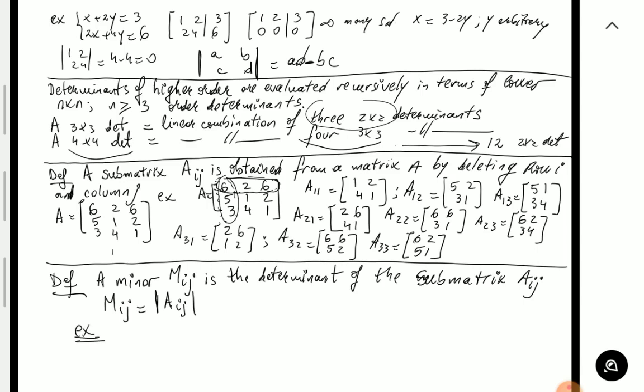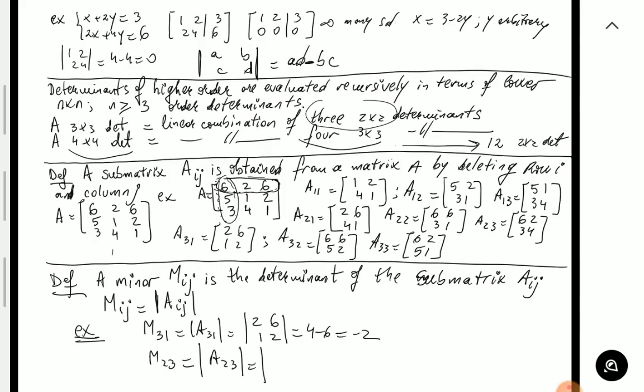So let's write a couple of examples. Let's say the minor 3,1 is the determinant of submatrix A31. In my example over there, that's 4 minus 6, which is negative 2. Let's do another one. Let's say the minor 2,3. That's the determinant of A23, which is the matrix 6, 2, 3, 4. That's 6 times 4 minus 3 times 2, 24 minus 6 equals 18.